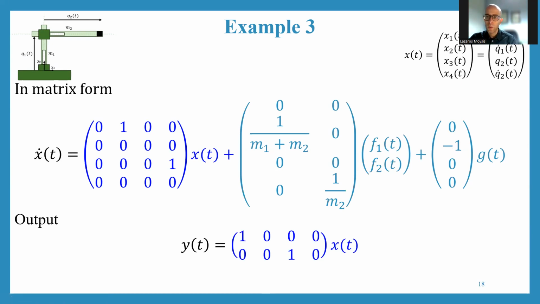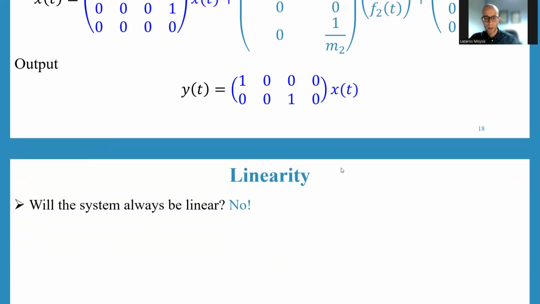For the output, we need to understand that this is the end effector, and we are measuring the displacement in the horizontal and vertical axes, which is basically Q1 and Q2. That's why we have two outputs. The first is Q1 and the second is Q2. So again, simple as that. Once you understand the state space, you can derive the output very easily.